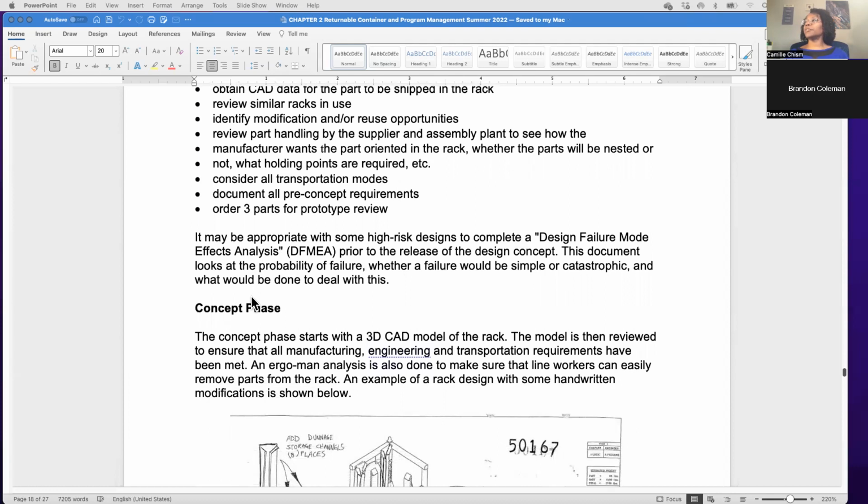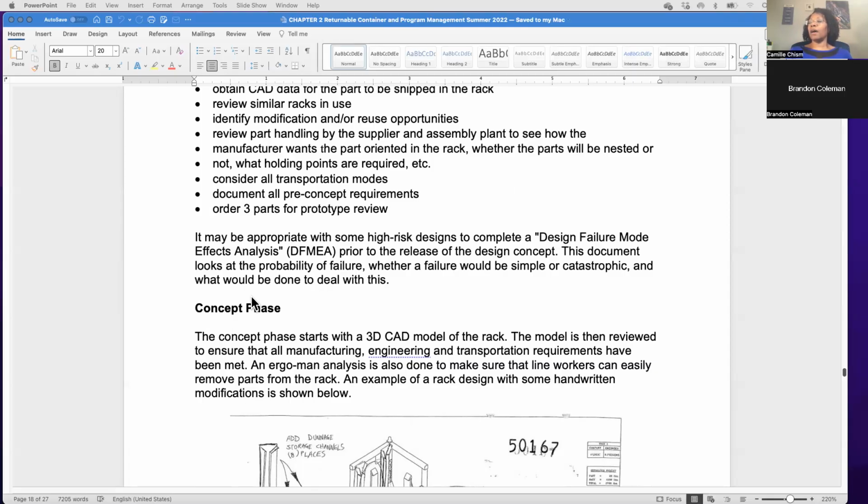This says here you want to look at some high-risk designs to do a DFMEA, which is a design failure mode effect analysis, something the quality department does in general. You want to go through this process to see what will break.